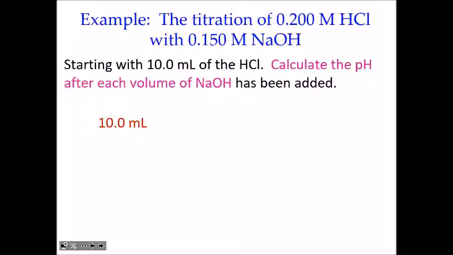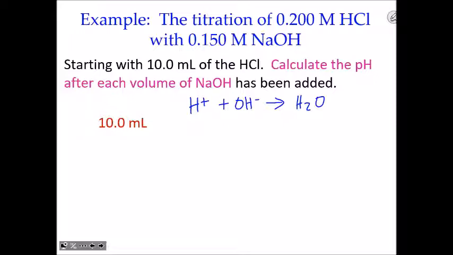Now at 10 milliliters. I like to write it out so you kind of have an idea what's going on here, organizing all of the information. You could write it as HCl, or you can write it as sodium hydroxide, but does the sodium and the chloride really matter here?